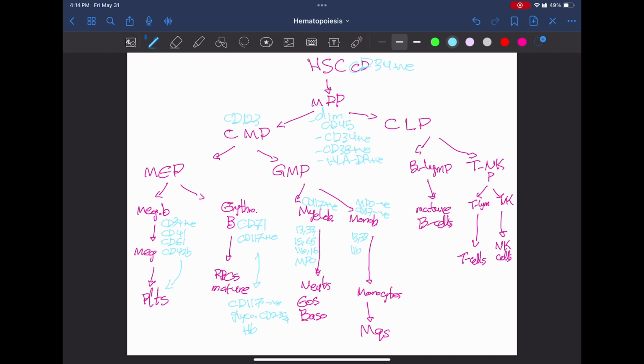However, they can express monocyte-specific antigens, including CD11C, CD14, and CD64. And generally speaking, CD14 expression tends to be dim in immature monocytic precursors and tends to be more expressed in more mature monocytes.